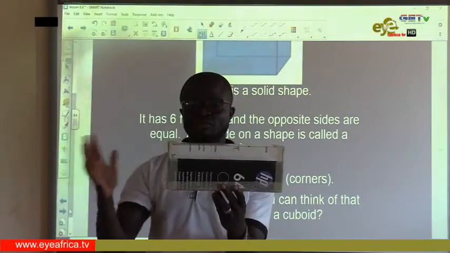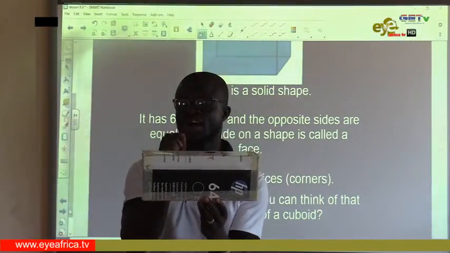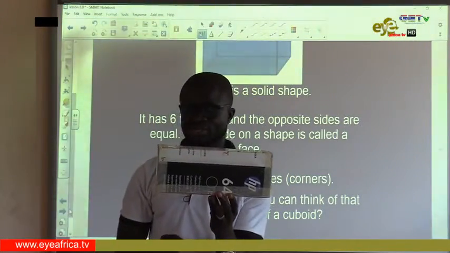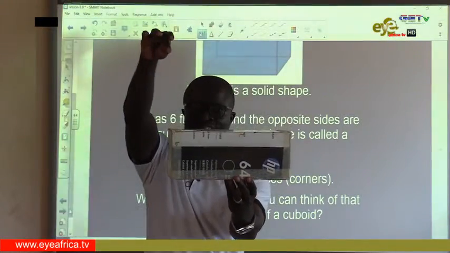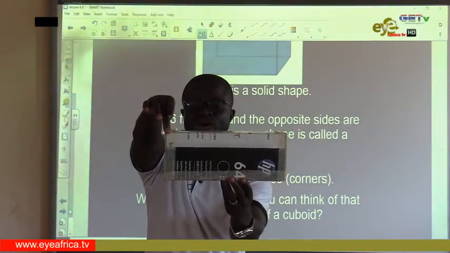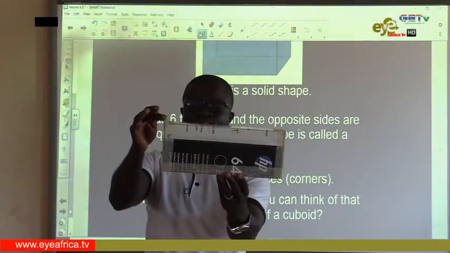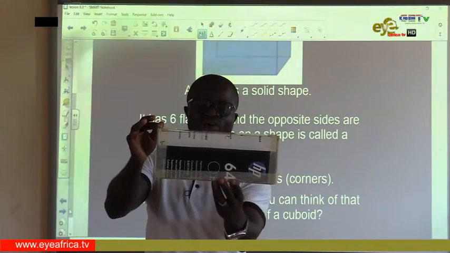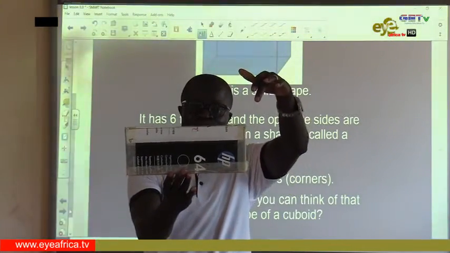Let's do it again, please. We start counting from the right, then to the left, to see whether we have 8 corners in a cuboid. Can we count together, please? Let's start. 1, 2, 3, and 4. Now we move to the left hand side and we continue counting.